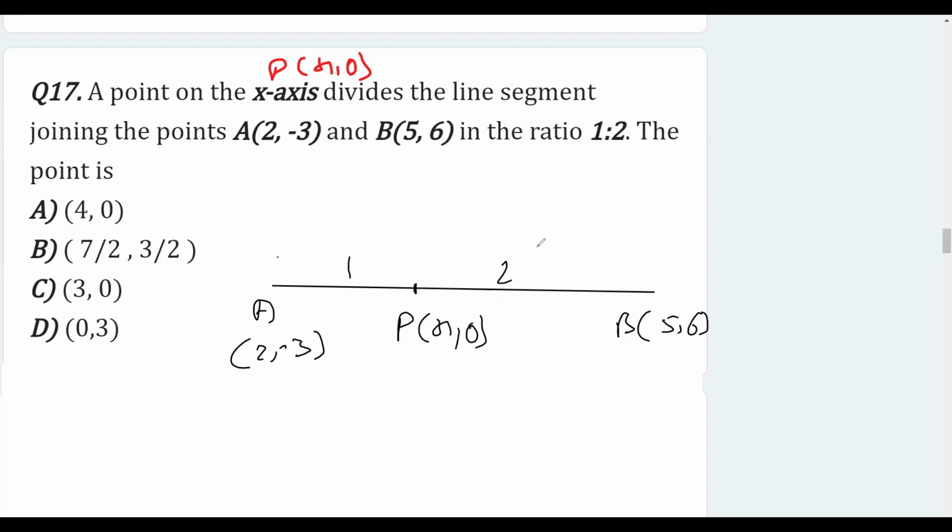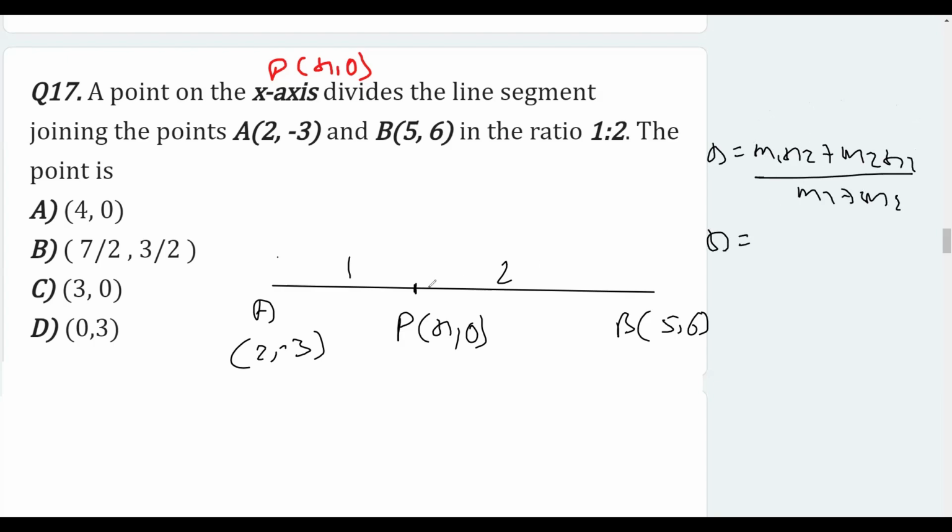So using the section formula, what you know is that x is equal to m1 x2 plus m2 x1 over m1 plus m2. Now we have to get x here.